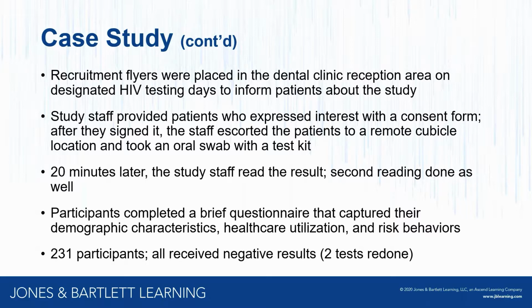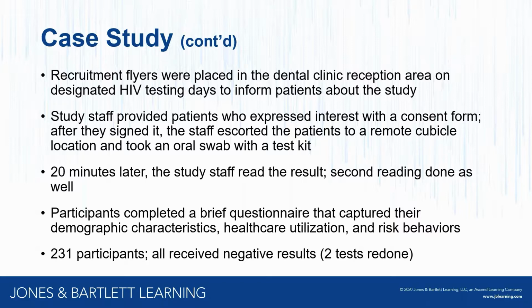So we planned the study, and then we recruited patients from the 3 dental clinics by placing recruitment flyers in the reception areas on the designated days when the study staff was conducting the rapid HIV testing. Patients who said they were interested went through the consent process, and then were brought to a private area where the oral swab took place. 20 minutes later, the study staff read the result.